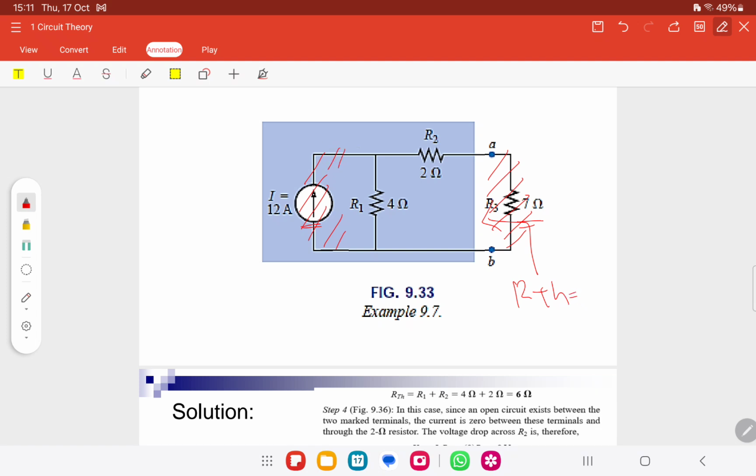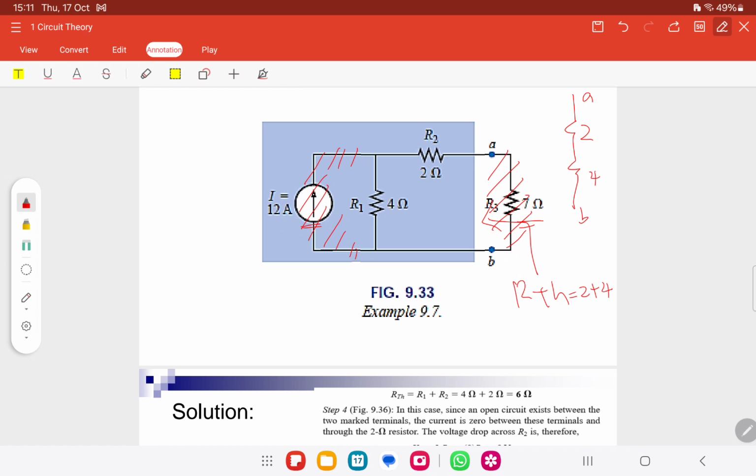Bila ni tak ada, RTH dia jadi apa ni? 2 campur 4. Dia kan series je. Dia sama macam ni, 2, 4, B, A.